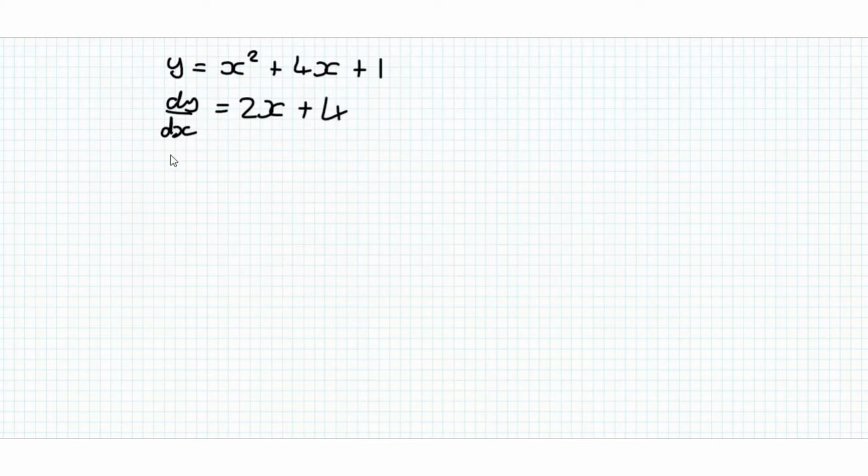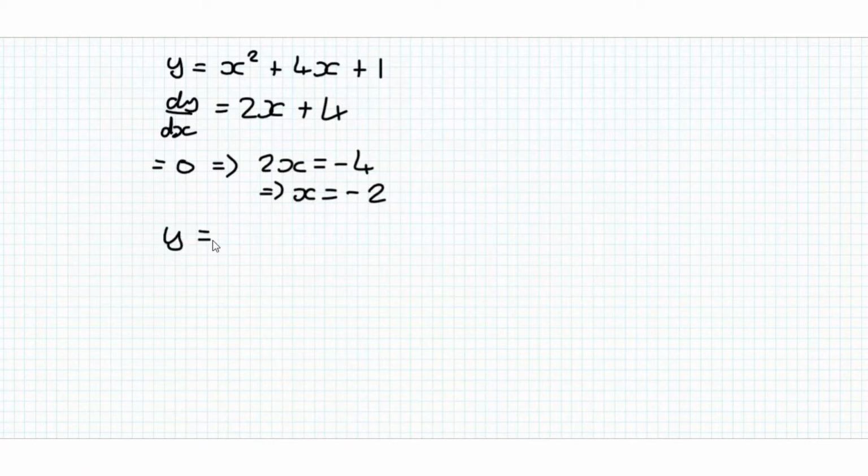And now we want to set dy by dx equal to 0. So this leads to 2x equals minus 4, which gives us x is equal to minus 2. So that's step 3 completed. Finally, step 4.